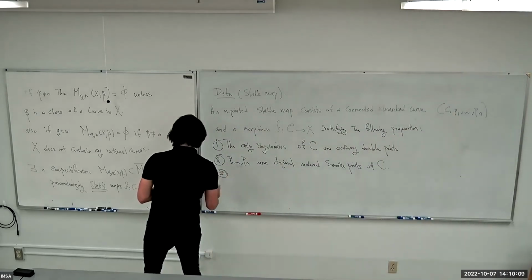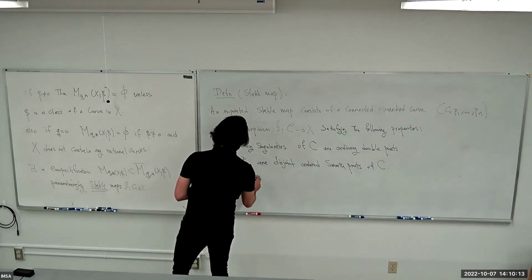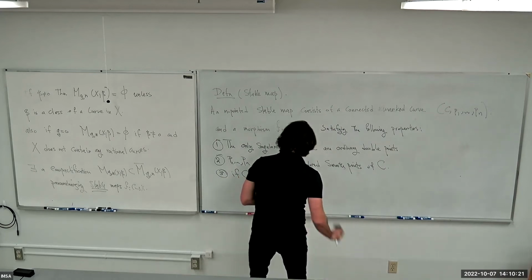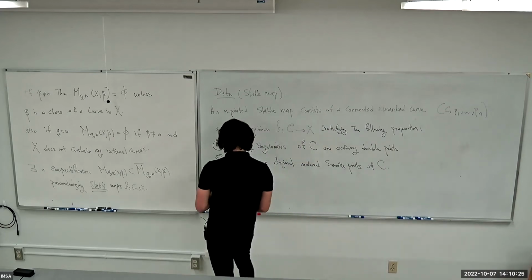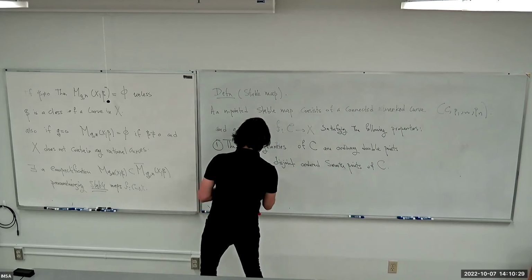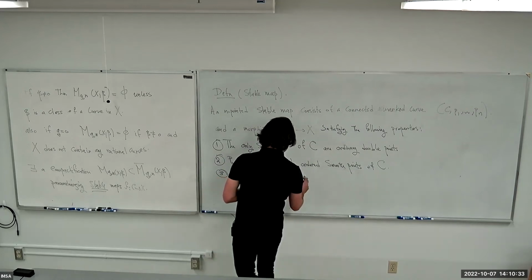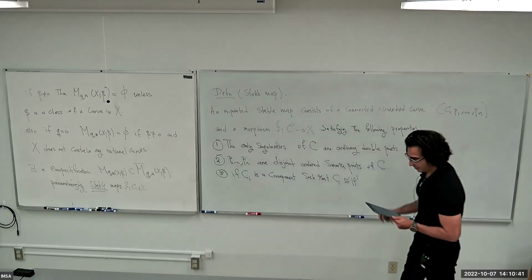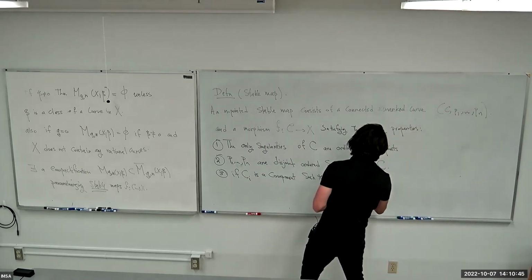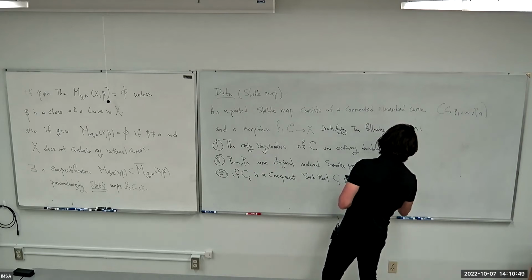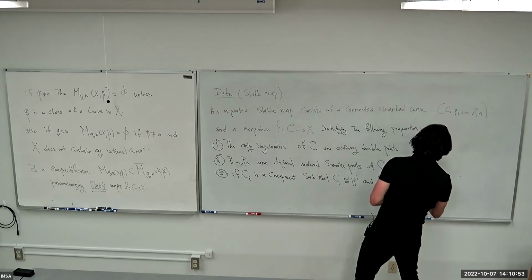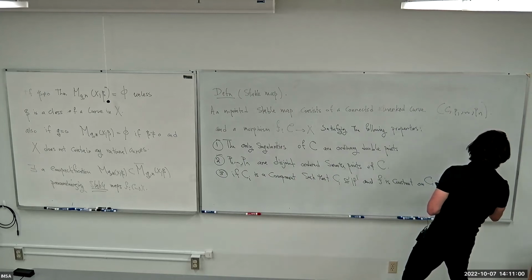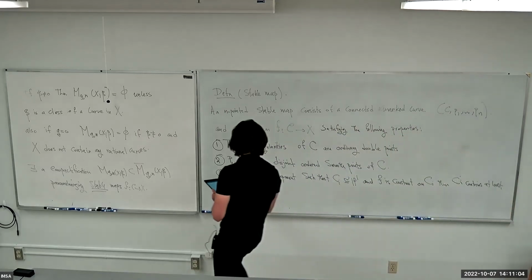Three, if Ci is a component such that this particular component is isomorphic to P1, so it's a genus 0 component, and f is constant on Ci, then Ci contains at least 3 special points.